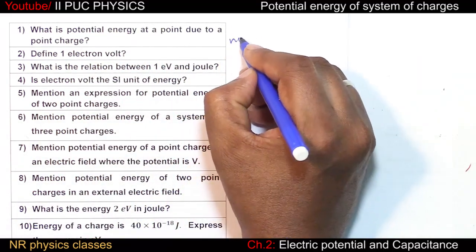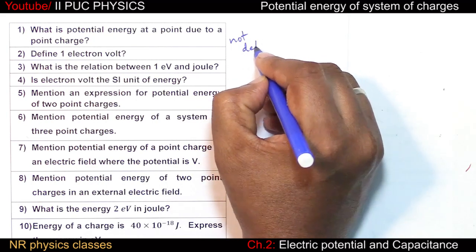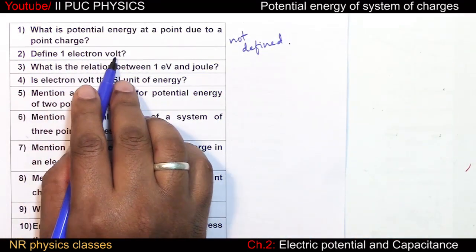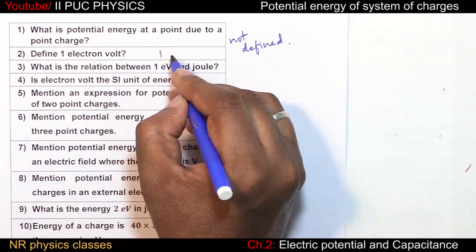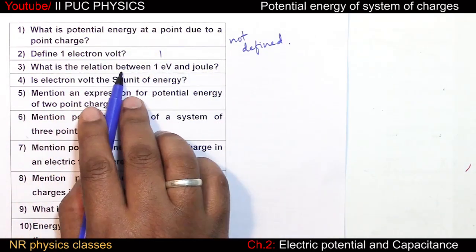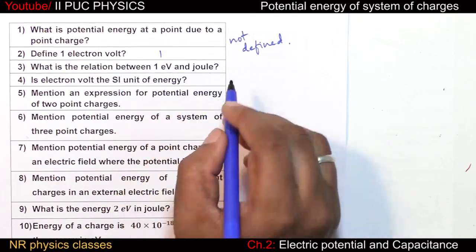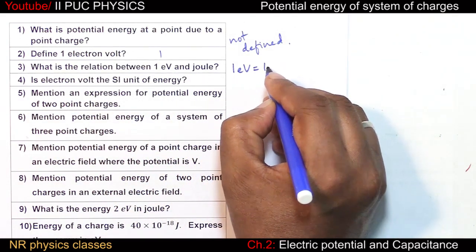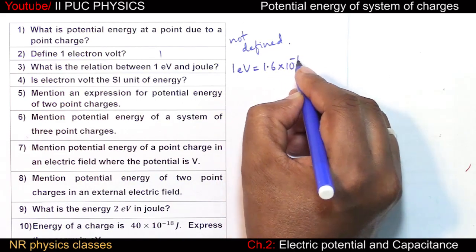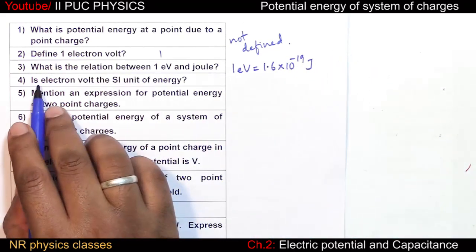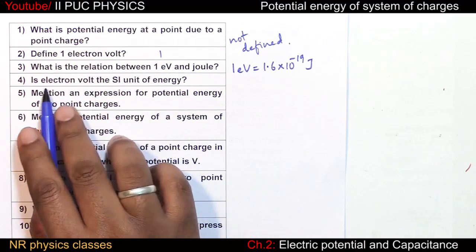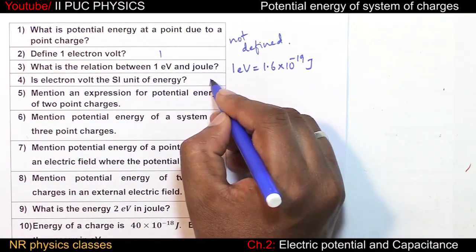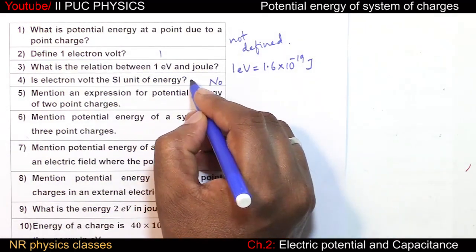So you can say not defined. Define 1 electron volt. Definition, 1 mark. What is the relation between 1 electron volt and joule? 1 eV equals 1.6 10 power minus 19 joule. Is electron volt the SI unit of energy? Answer is no, for 1 mark.